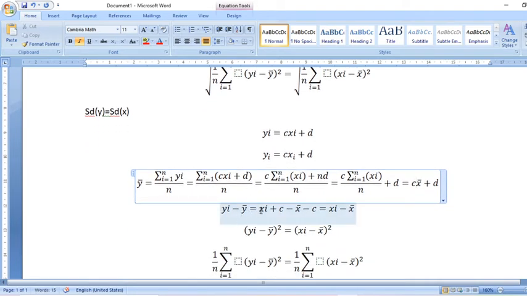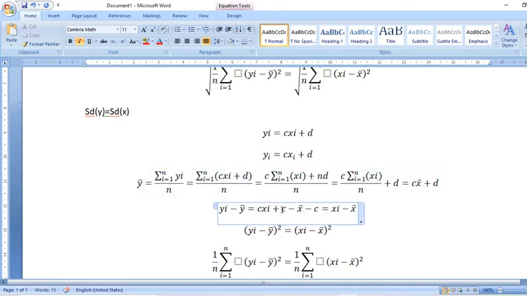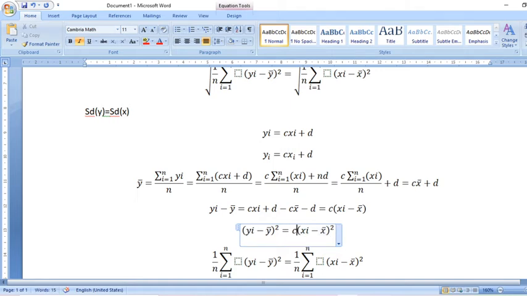So yi minus y bar will be c xi plus d minus c x bar minus d. That will be c into (xi minus x bar). So (yi minus y bar) square will be equal to c square into (xi minus x bar) square.